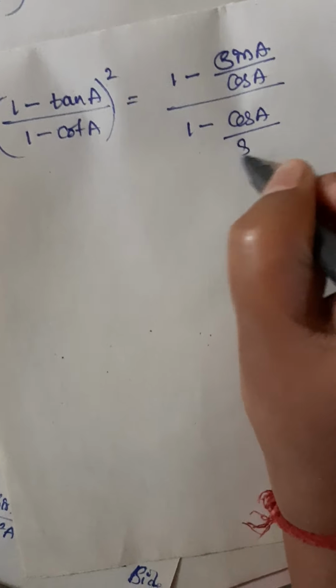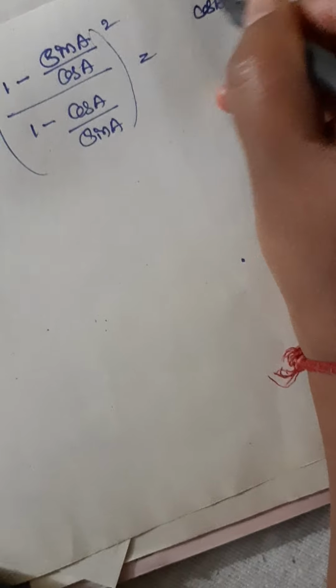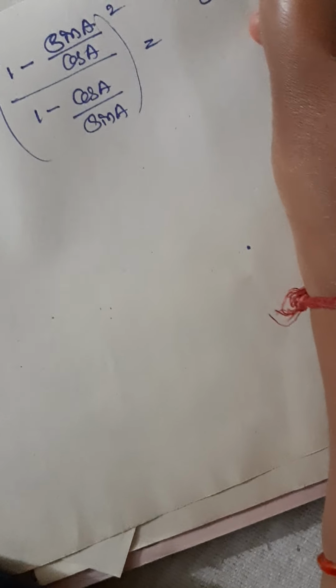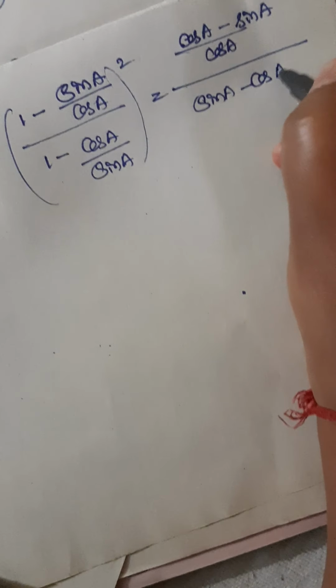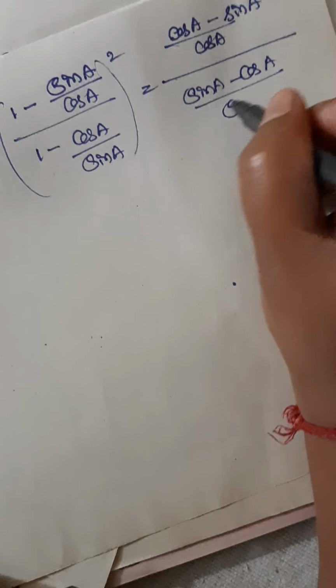Now take the LCM and solve the further calculation. Here LCM will be cos A, so this is (cos A − sin A) divided by cos A, and (sin A − cos A) divided by sin A, whole square. Now for this, again let's do further calculation.